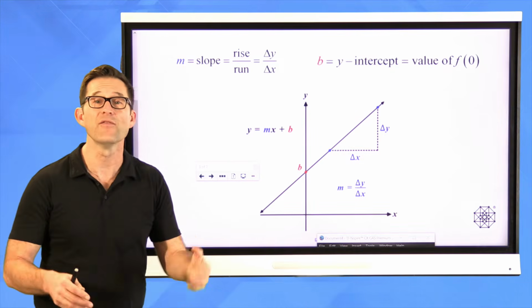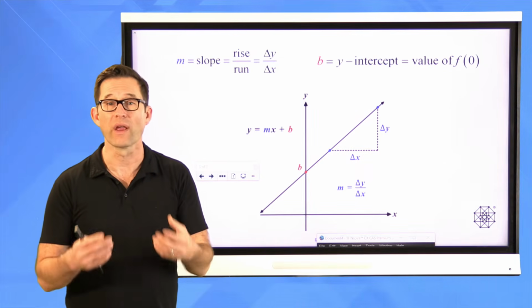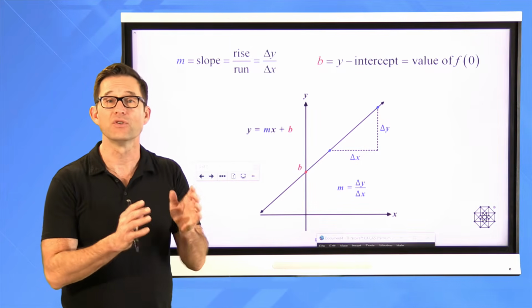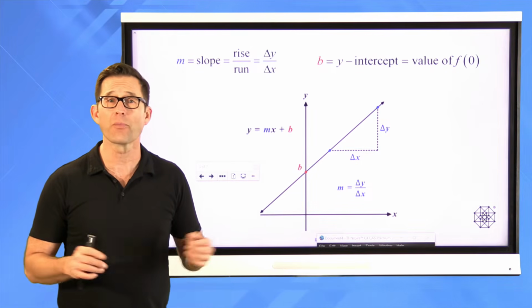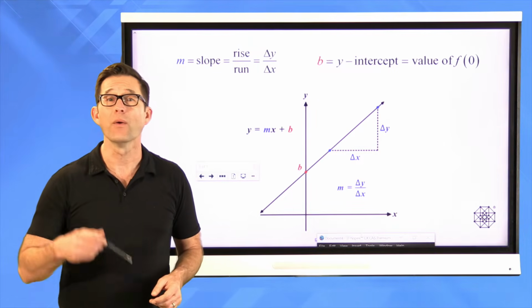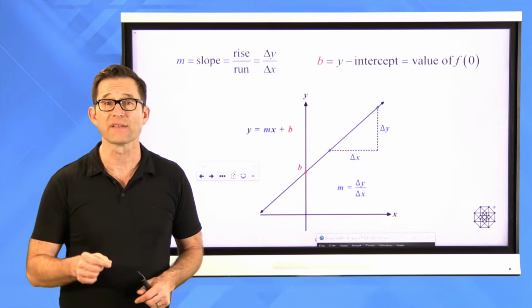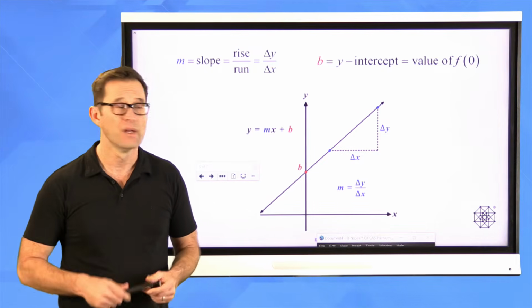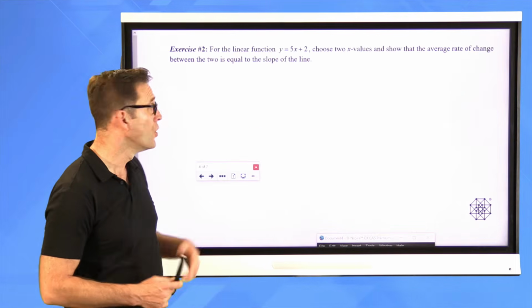That will give me that slope or rate of change. How fast is y changing compared to a change in x? In our previous example, we saw that when x increased by 3, y increased by 2.